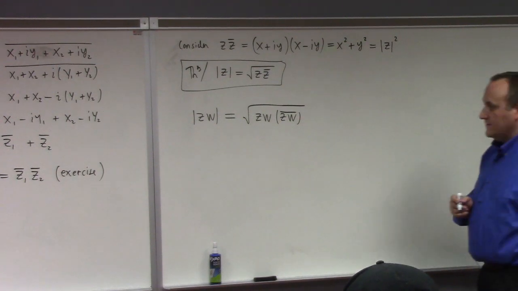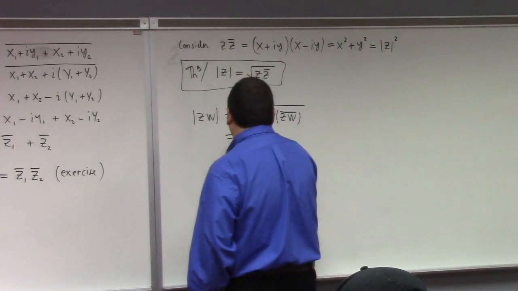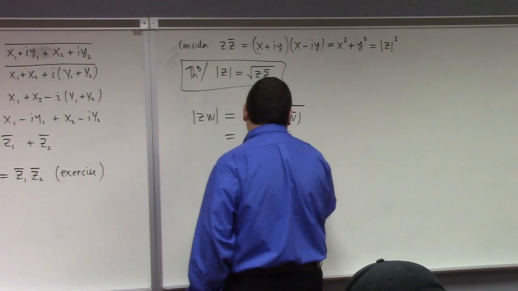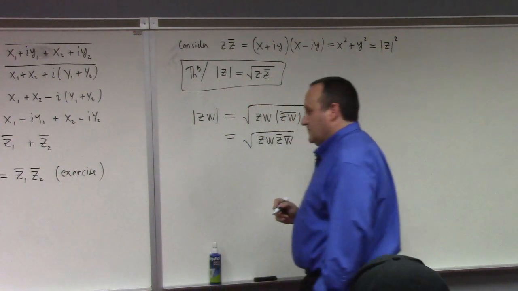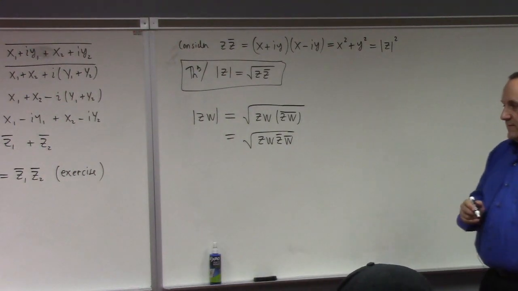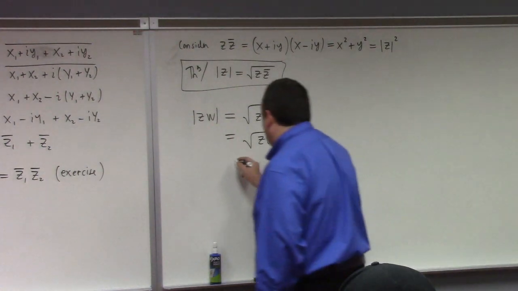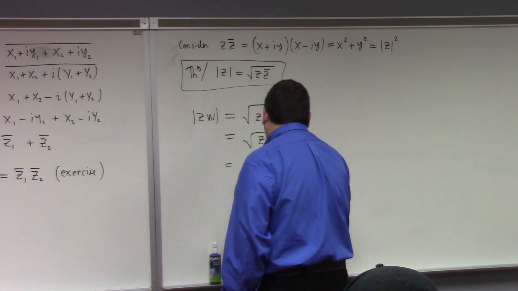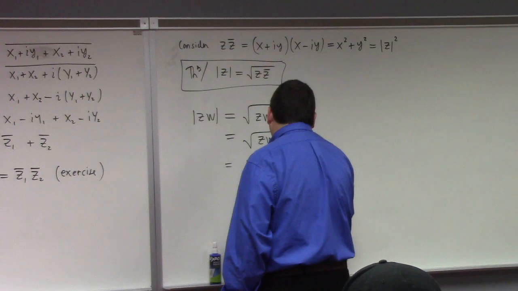And what's that? Well, by properties of complex multiplication, that's zw z bar w bar, by the homework that you're going to do, right? And then complex number multiplication commutes. So you got the square root of z z bar times the square root of w w bar.